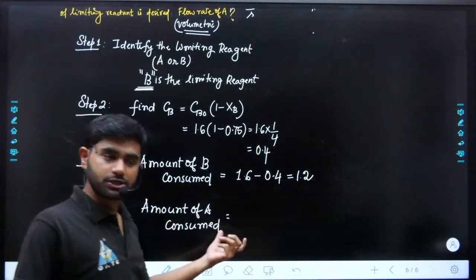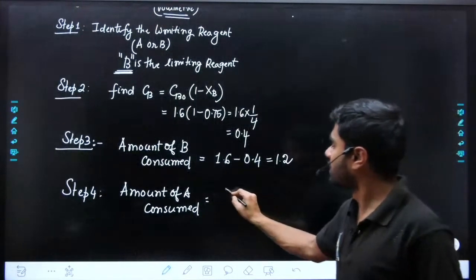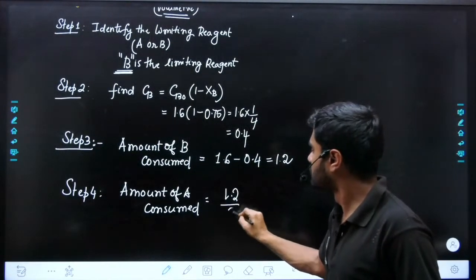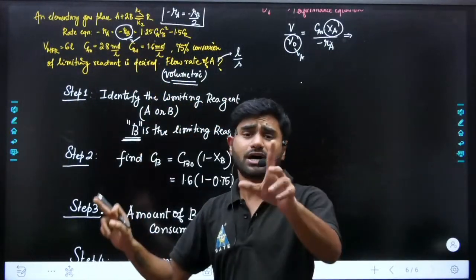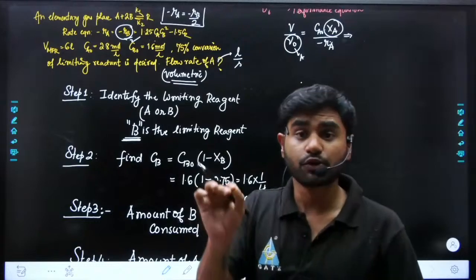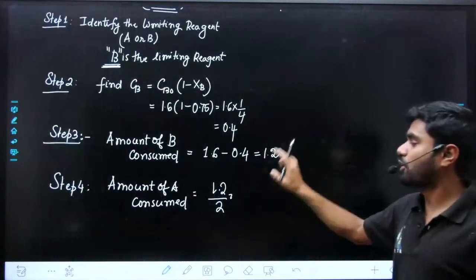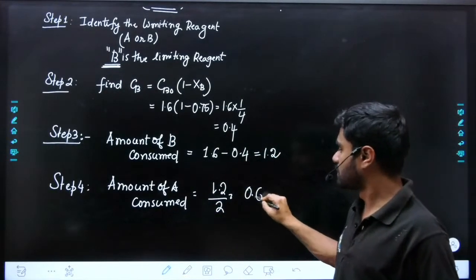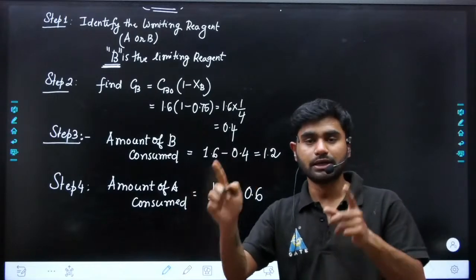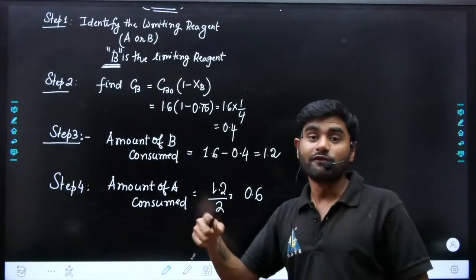The concentration of A will be 1.2 by 2, because we are following this rate expression, minus RA equals minus RB by 2. So in this way, the amount of A consumed will be 0.6, according to the relative weight concept. The relative weight concept tells you about the amount of A consumed from the B.